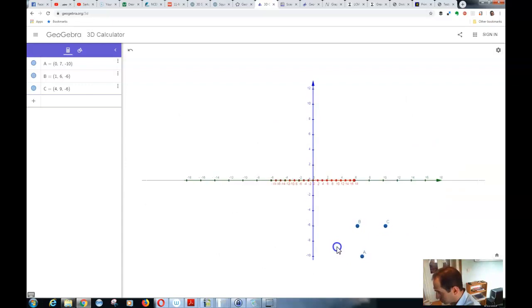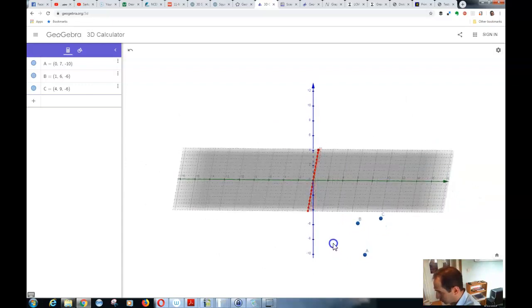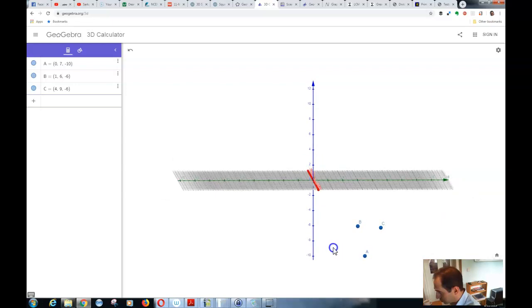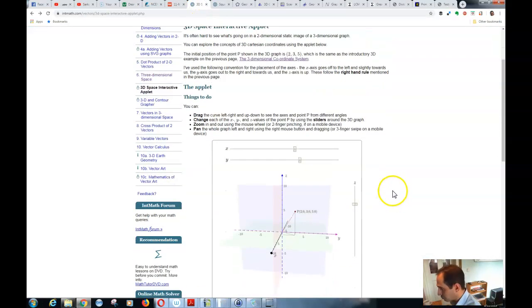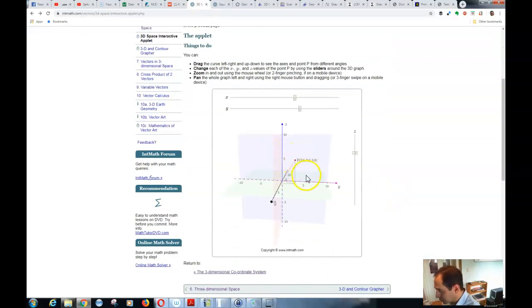the problem here is that in this coordinate system, I have these planes over here, and with respect to these planes I can see things more clearly.